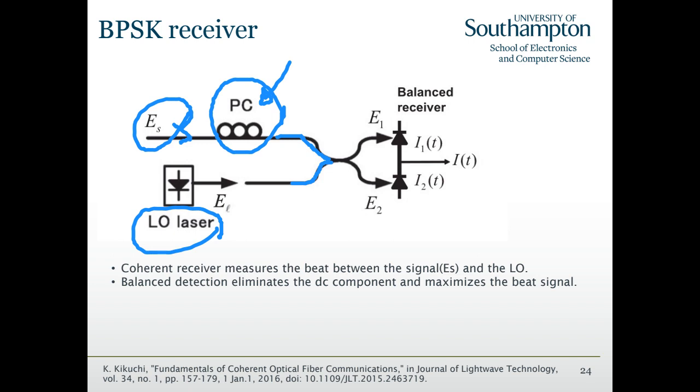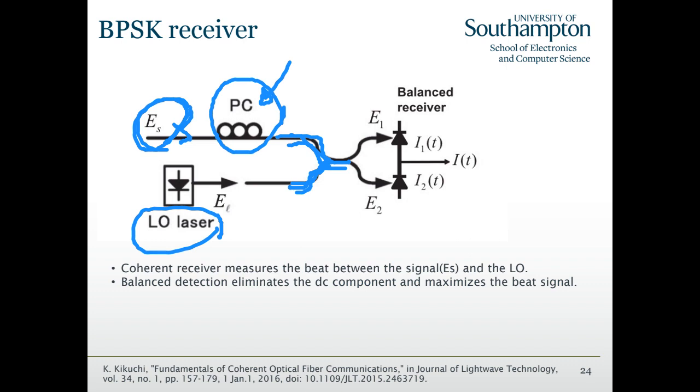Ideally, we want the same polarization from the two optical signals. But the optical signal that comes out of the fiber normally has random polarization. So we need to make sure that these two optical signals will interfere.